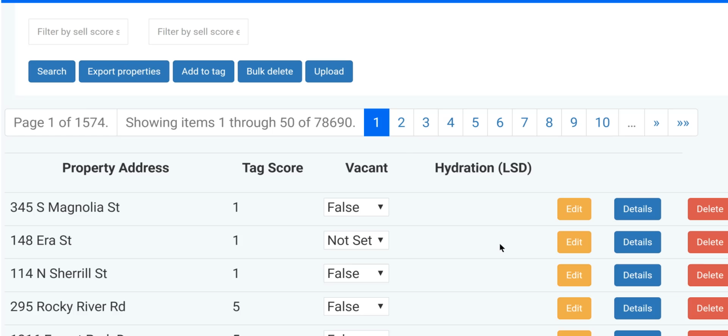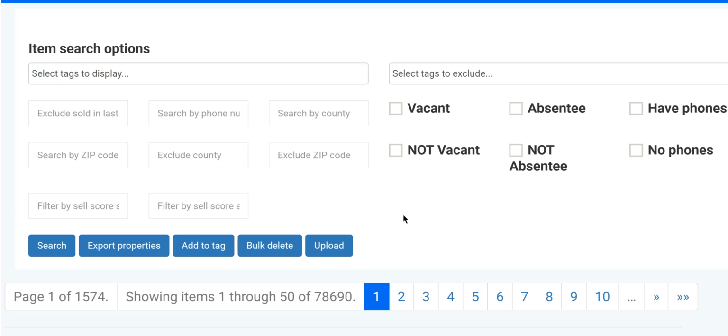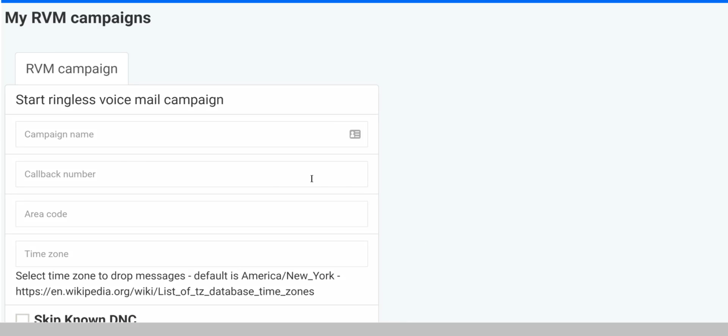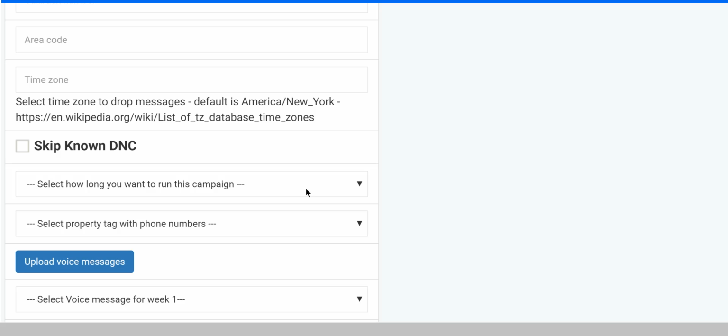Anyway, what he wanted also done is to automate the RVMs. So with our import, we can now set up an RVM campaign that sends everything on automatic. So we set up one ongoing campaign, and we purchased local phone numbers, etc. for it.